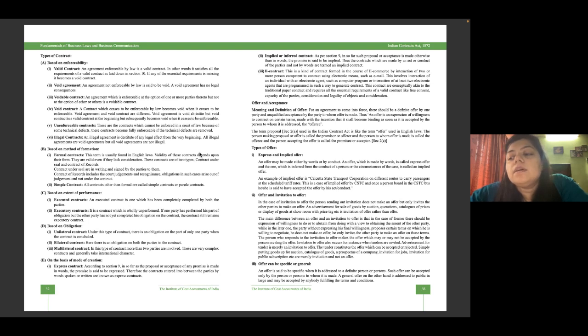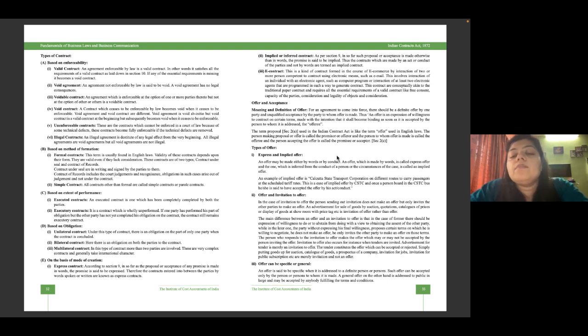But the fact is that the object of the contract is immediately to be fulfilled. So there are many qualifications to an acceptance by the party to whom the offer is made, and therefore an offer is an expression of willingness to contract on certain terms made with the intention that it shall become binding as soon as it is accepted by the person to whom it is addressed, the offeree.